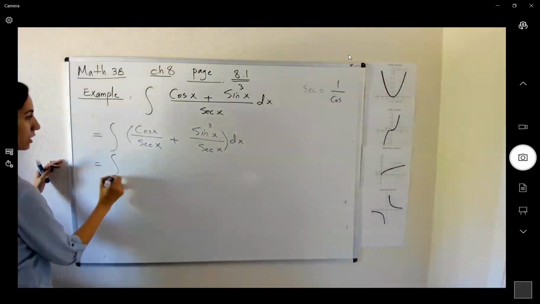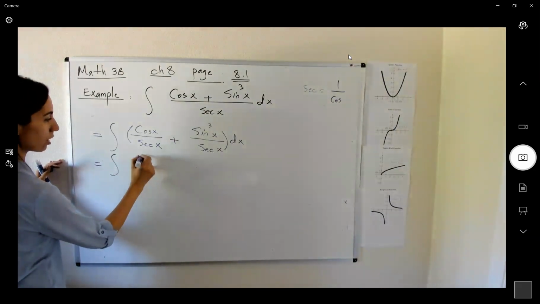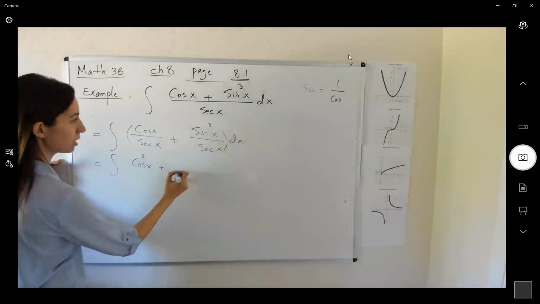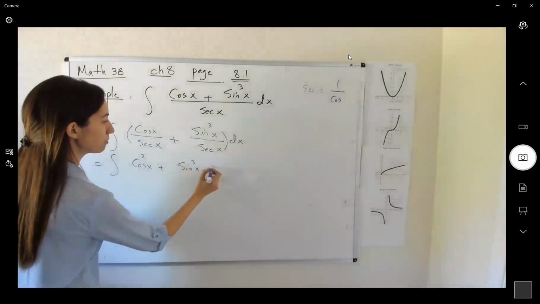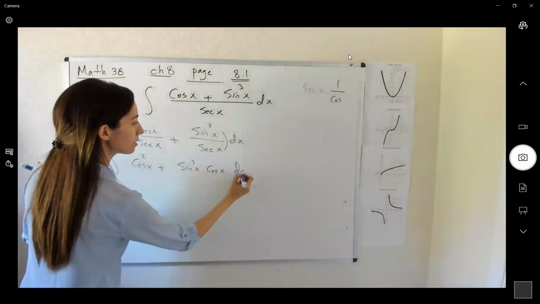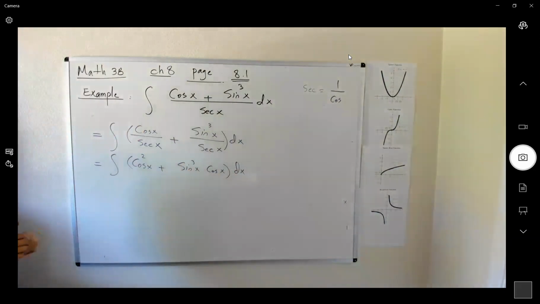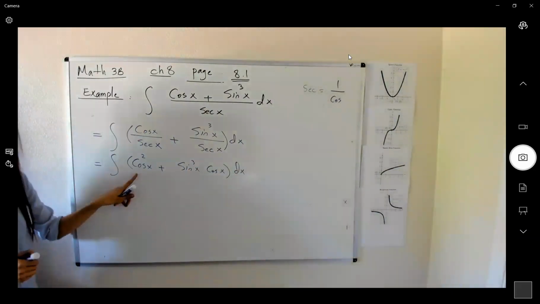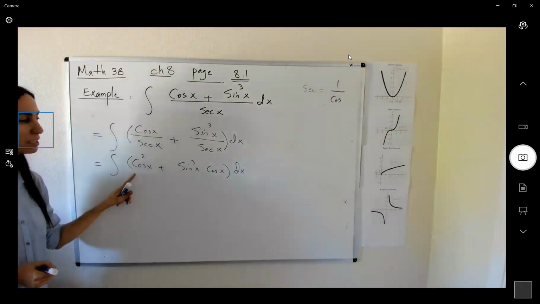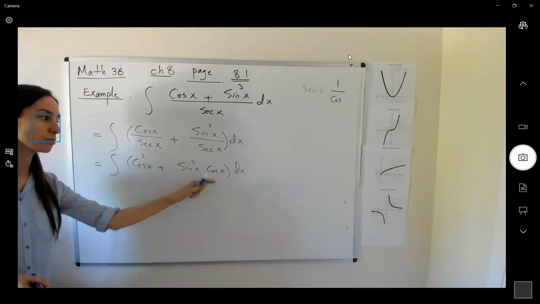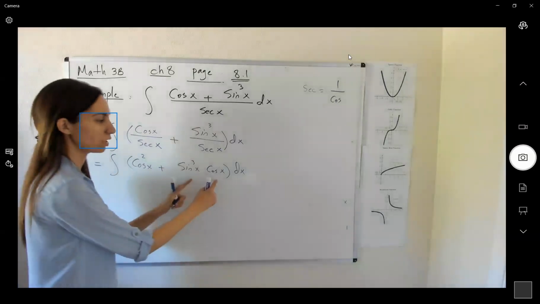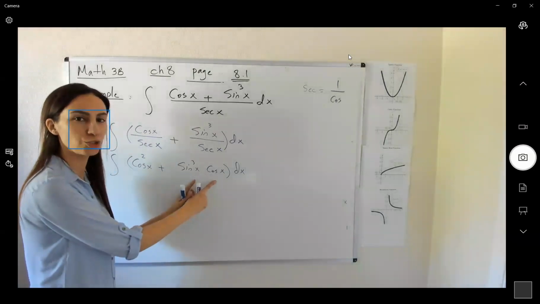This is the integral of cosine squared plus sine cubed x cosine x dx. Okay. Now you have to take the integral of cosine squared and take the integral of sine cubed x cosine x. This one is easy because it's just u-sub.